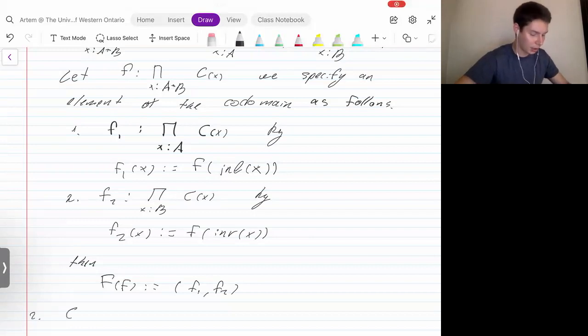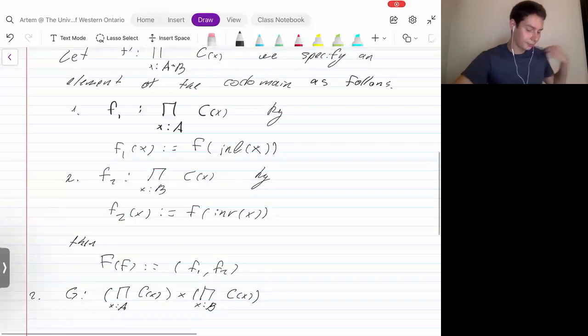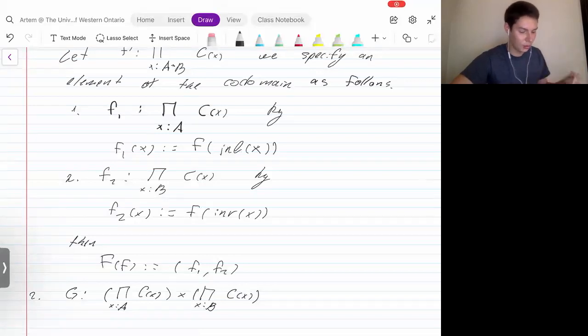So the second part is to get now a function from the product to the shift in dependency.